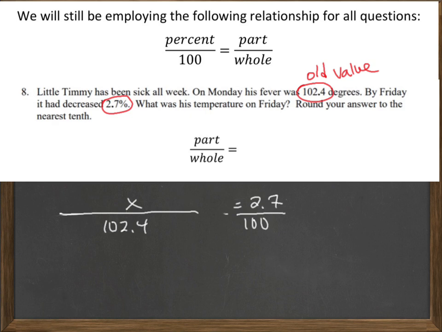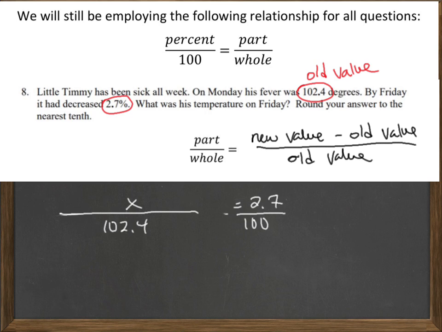So again, this is the new value minus the old value divided by the old value. Let's just replace this whole thing with x. Solve for x, and then we'll take another step.